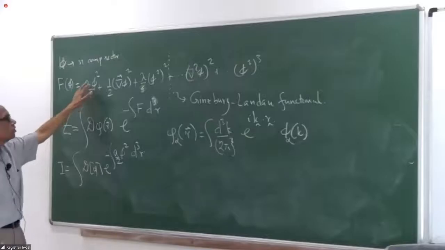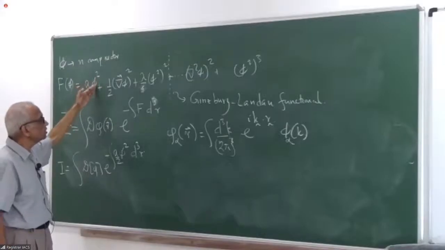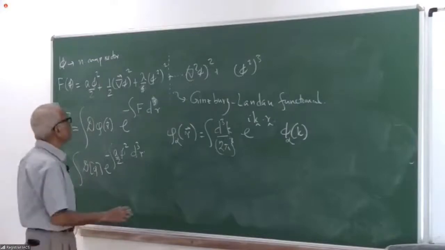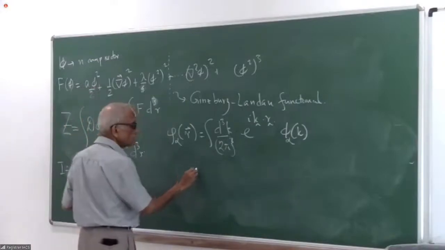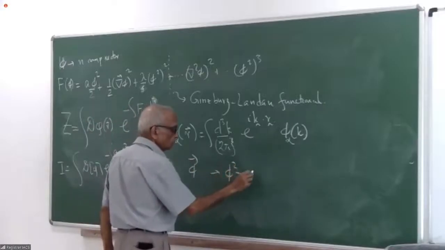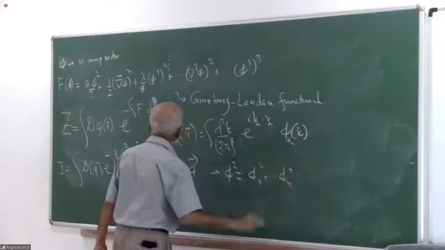Therefore, it is all even powers, and if this was a question of a vector, then it would be all scalar quantities over here. That is, if I go to a φ vector, then the φ squared would be φ1 squared up to φn squared.